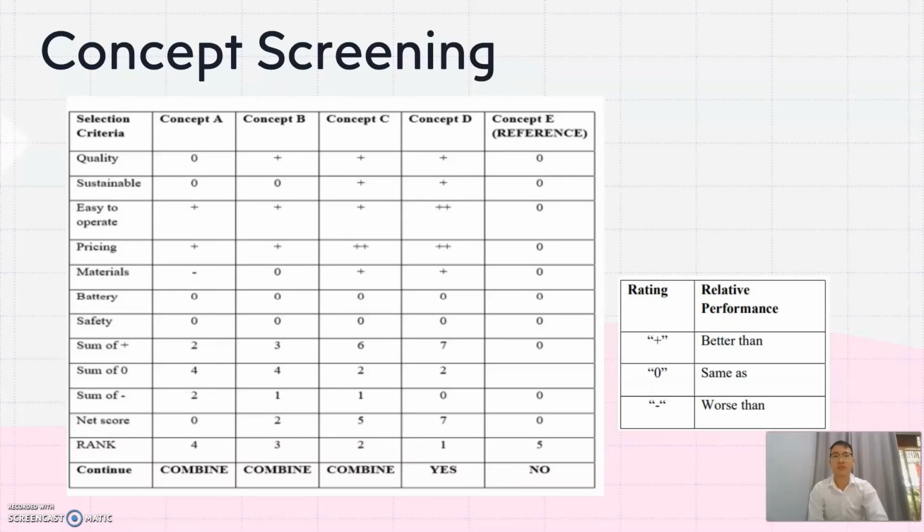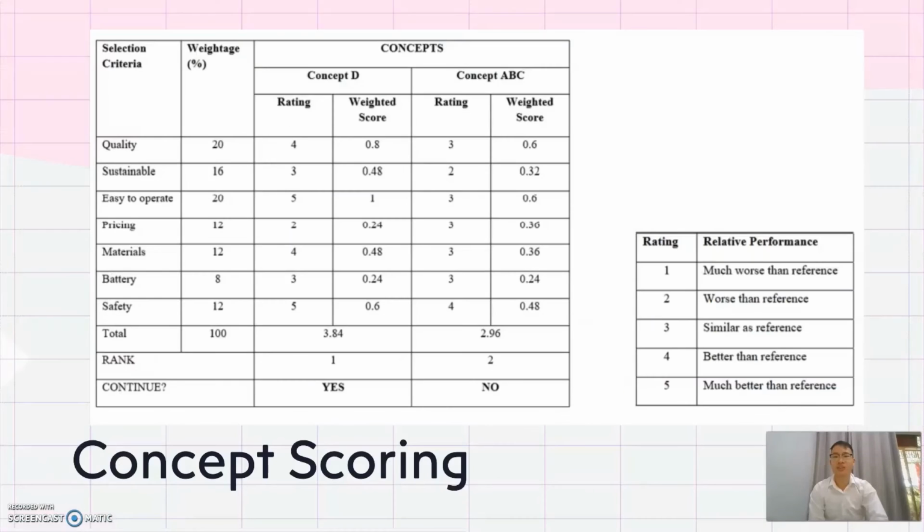And now we move to the next slide, concept scoring. In this step, concepts A, B, and C will be combined as a concept and then compared to concept D. Rating 1 is much worse than reference, and rating 5 is much better than reference. The weighted score is the weightage multiplied by the rating.